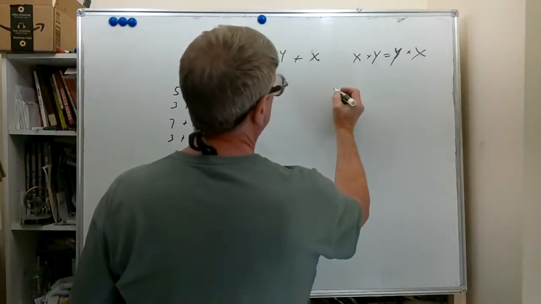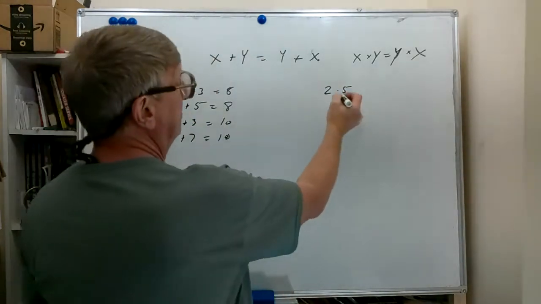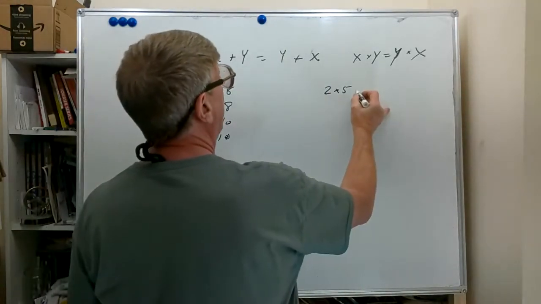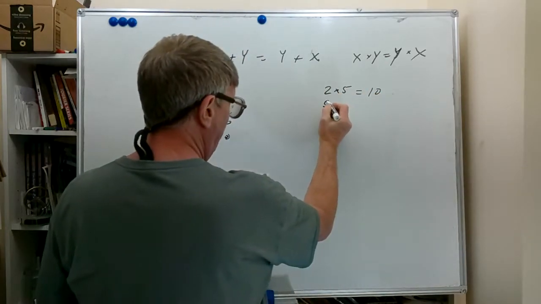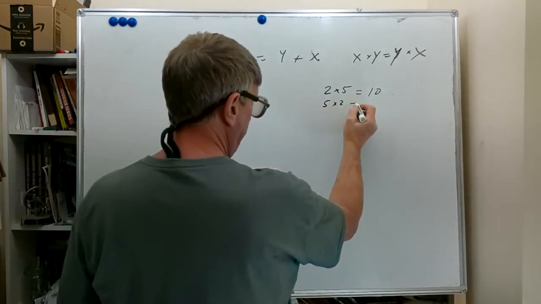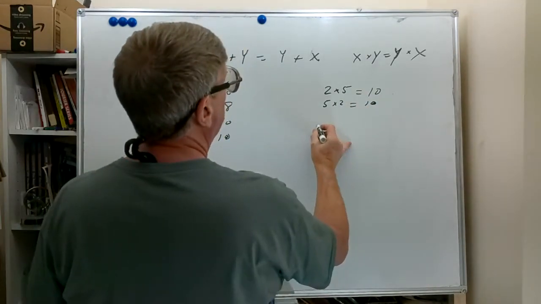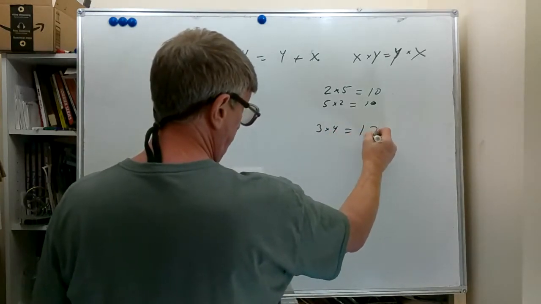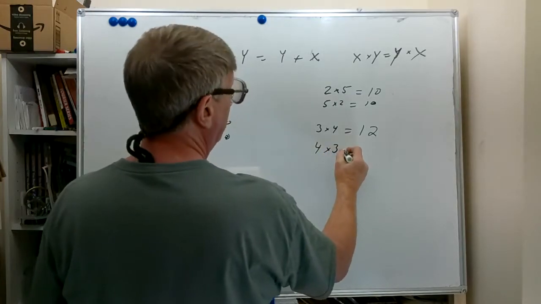And multiplication, 2 times 5. Sometimes we use a dot to indicate multiplication, but I'm going to stick with a little x for right now. 2 times 5 is equal to 10. Reverse order, 5 times 2 is also equal to 10. 3 times 4 is equal to 12. 4 times 3 is also equal to 12.